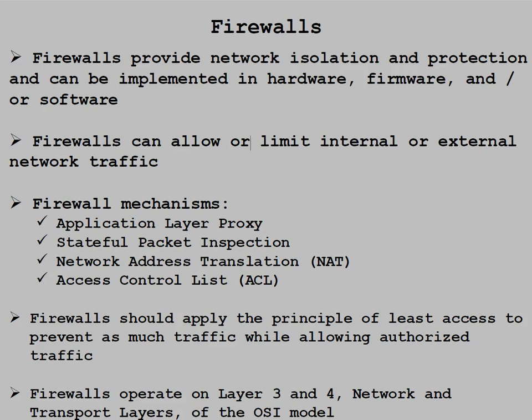Some of the hardware that you see out there, like a WatchGuard firewall, or a Juniper firewall, or an ASA for Cisco, you usually see those are the big three in the marketplace.